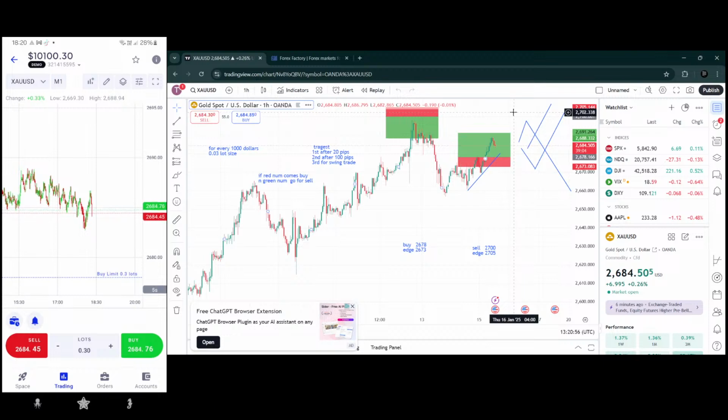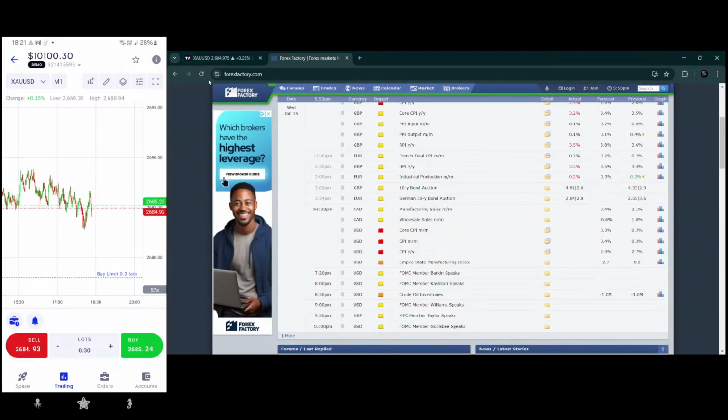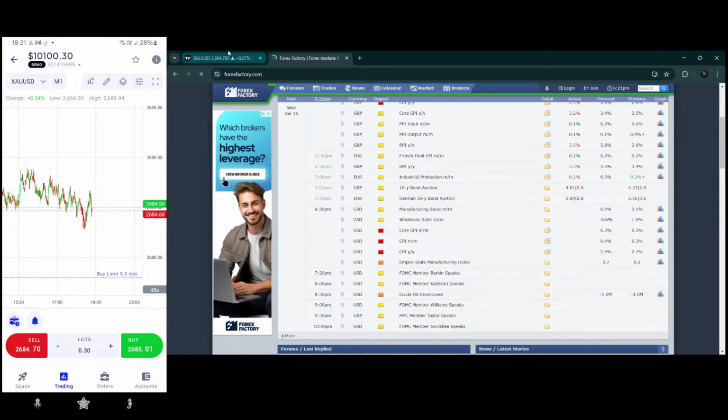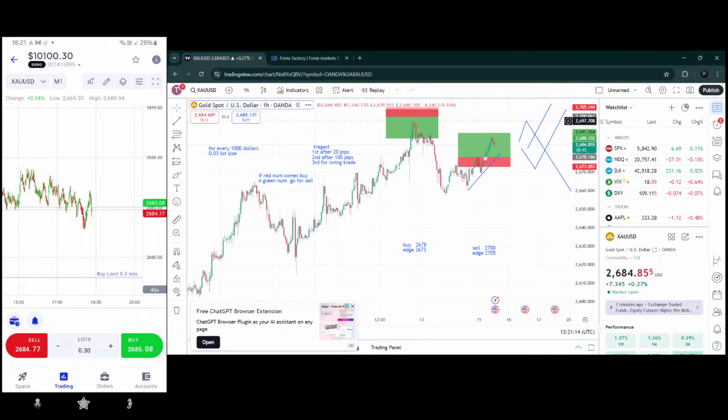After 10 minutes, the news will come and we'll see what happens, whether today we make money or not, or we lose money or get stuck in the market. You will see after 9 minutes, sorry.